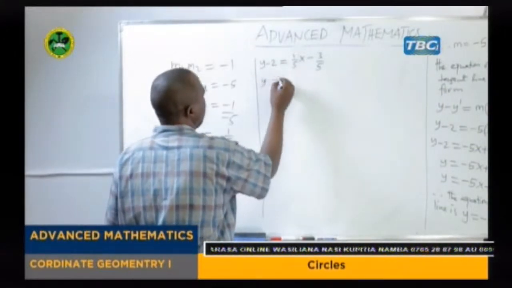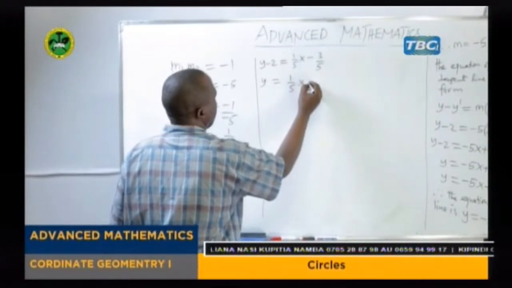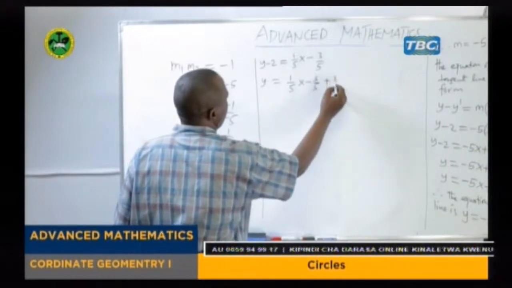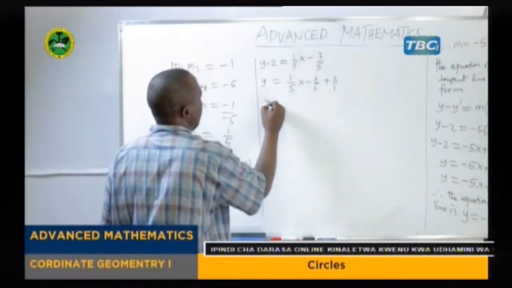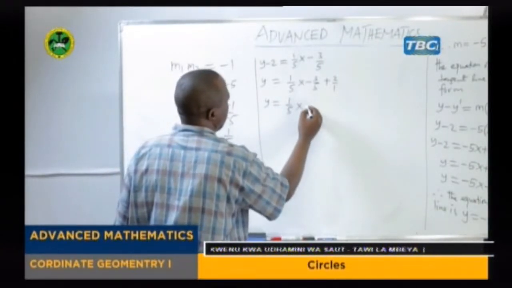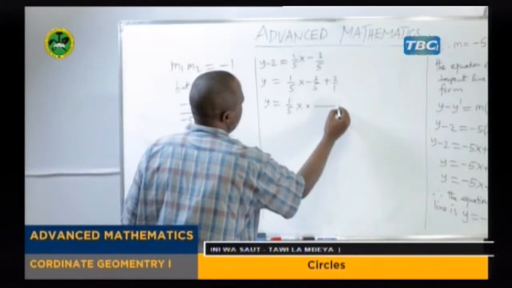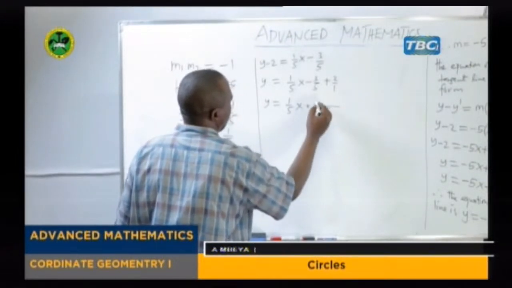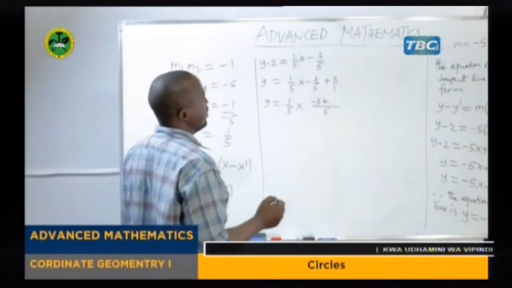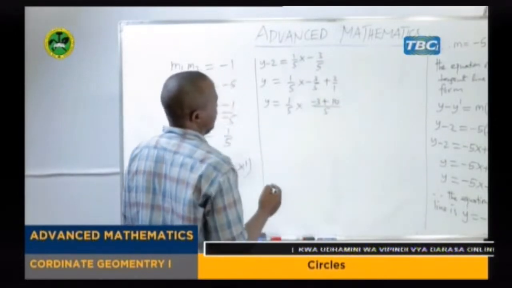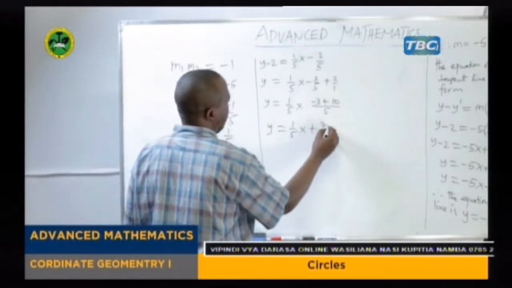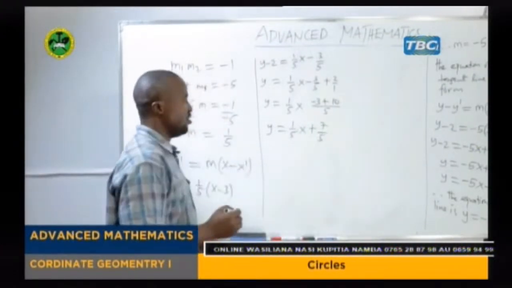So y will be equal to 1/5 x minus 3/5 plus 2, that is over 1. So y is equal to 1/5 x. So of course our LCM here will be 5. So we have, that is -3 plus, that is 10. So we are going to have y is equal to 1/5 x plus 7/5.